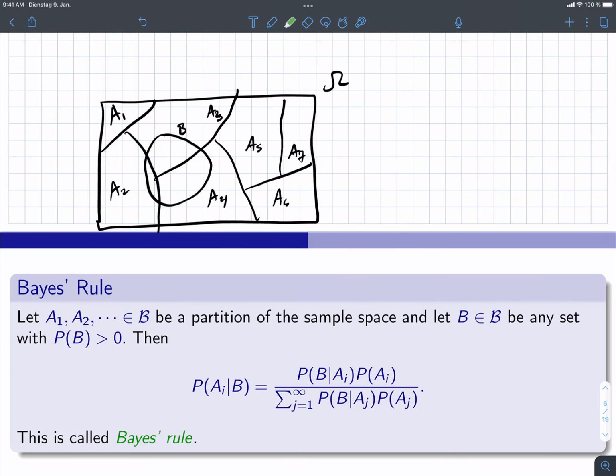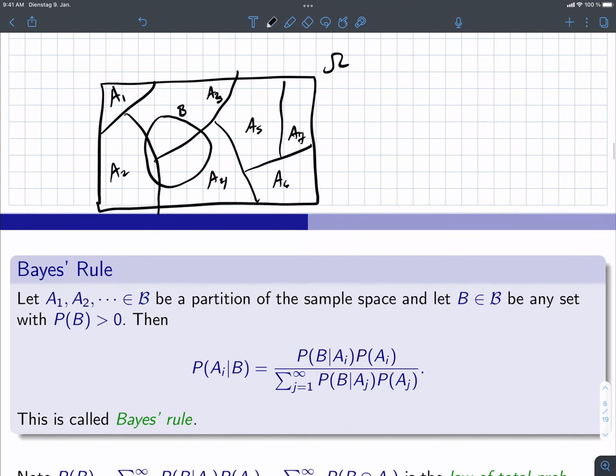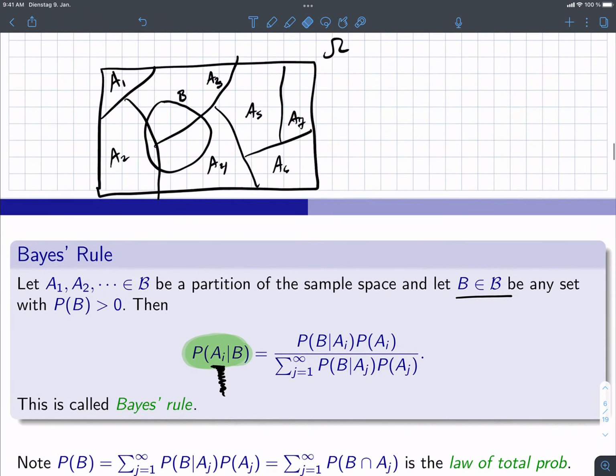And Bayes' rule tells us that, if I have this partition, which is the A's, and B is any set with positive probability, then I can compute the conditional probability of Ai, where this is one of the sets of the partition. I can compute this conditional probability with this formula. Okay, so let's figure out why we can do that.